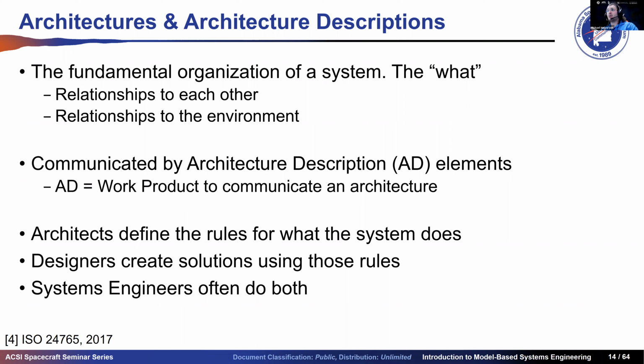The architecture description is just a way to describe an architecture. And in general, those take the form of products, things we have to make. If it is an analysis or a test that we have to do, we have to report on that. If we need to make a plan, a systems engineering management plan, an integrated system model, or a work breakdown structure, or an organizational breakdown structure, those we call products. Those are the same thing as these architecture descriptions. We are describing the architecture.